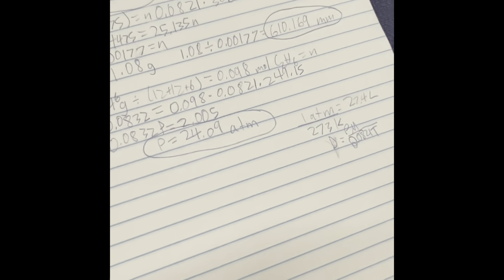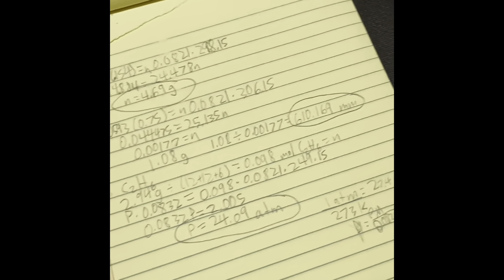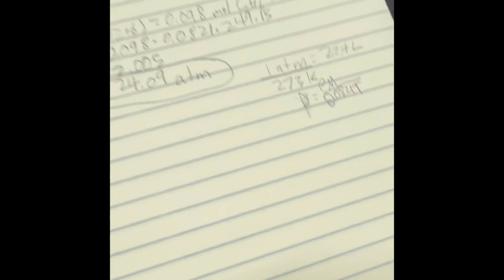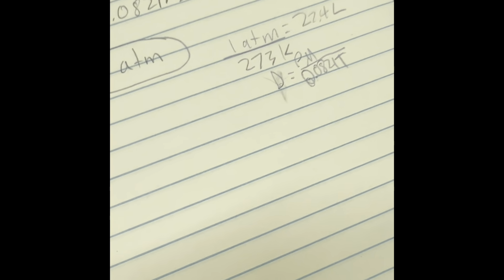I did some research on my own and found that to get the density of something at STP, you can use the formula: density equals pressure times molar mass over R times temperature.